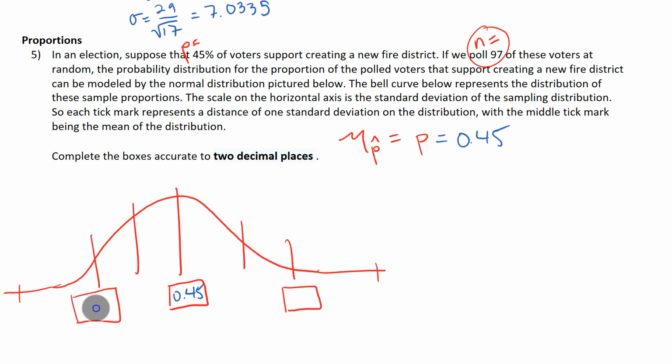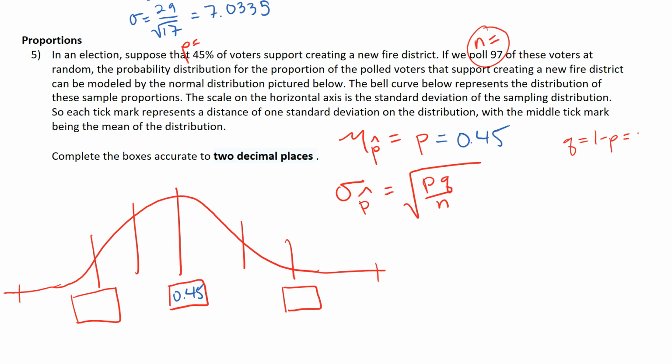Now to find these other two boxes, we just need to find our standard deviation. The standard deviation of p-hat, according to our formula, is the square root of p times q over n. So what is q? Remember, q is just equal to 1 minus p. It's the complement, the probability of failure.